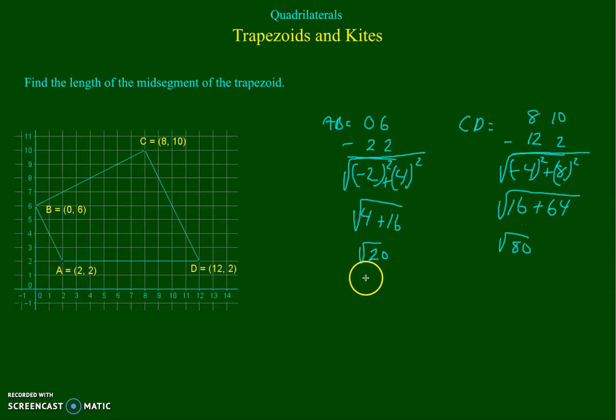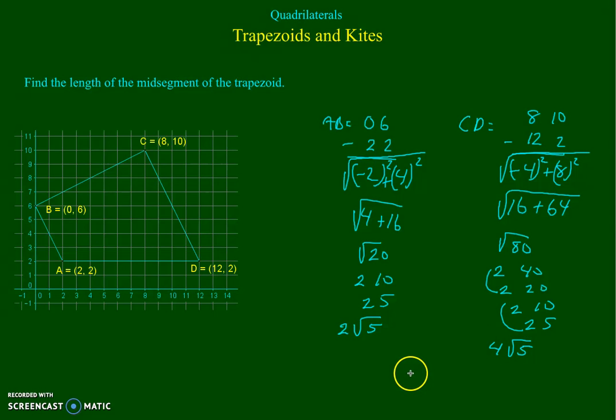So we can simplify these. That's 2 and 10, 2 and 5, so that's 2 square roots of 5. And this is 2 and 40, 2 and 20, 2 and 10, 2 and 5. So we have 2 pairs. So we have 4 square roots of 5.